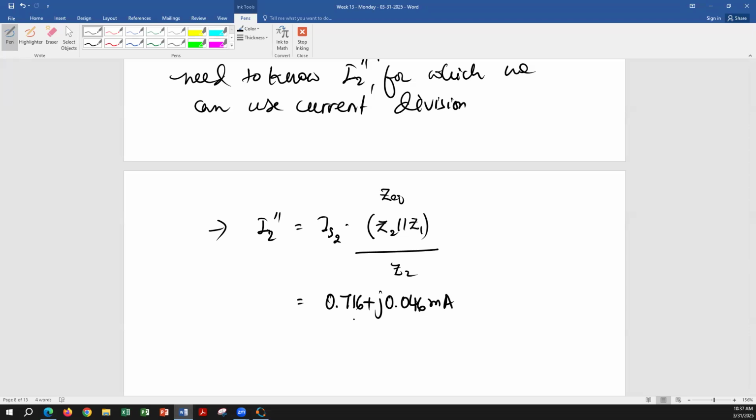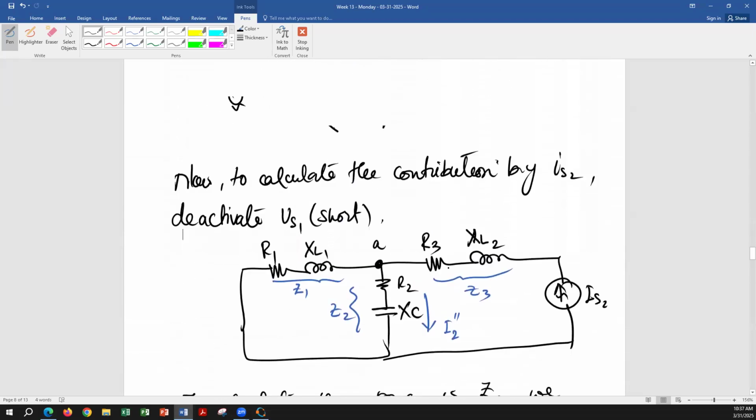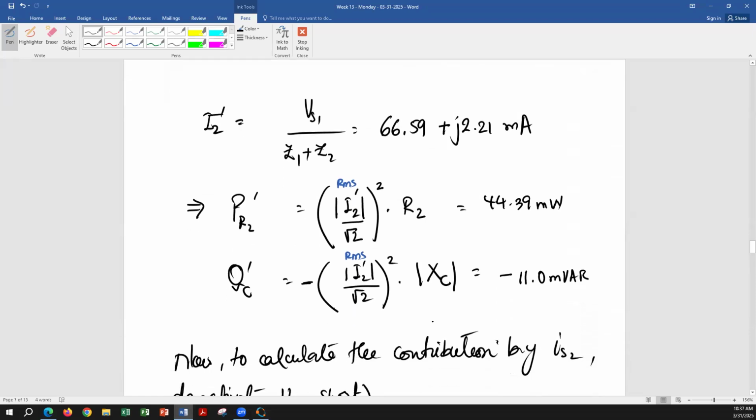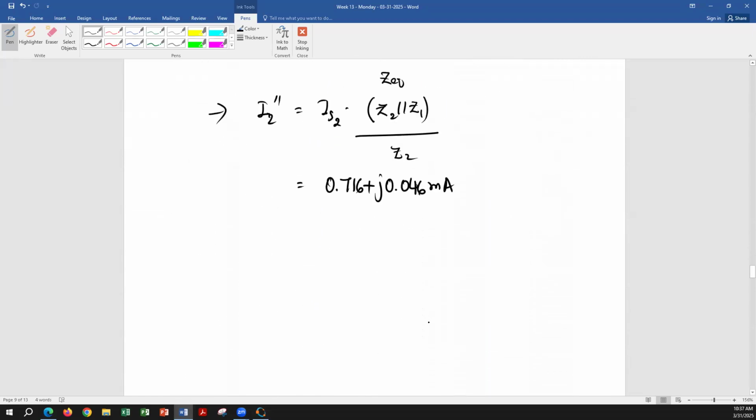Got it? Okay. And since now we know the current, then we can use the same approach we used here to calculate the contribution of power from IS2 into R2 and XC. So now calculate that.